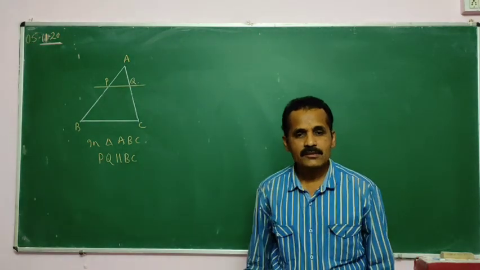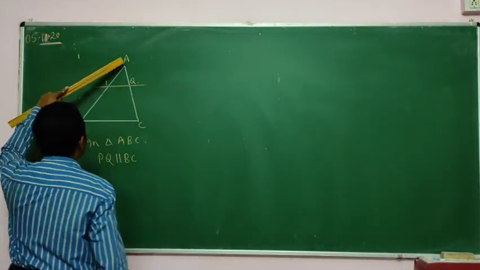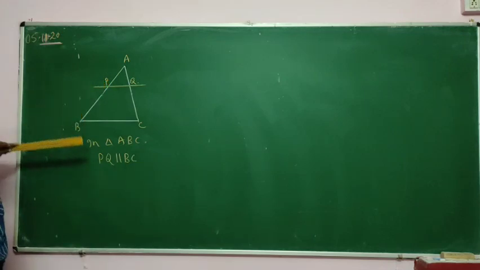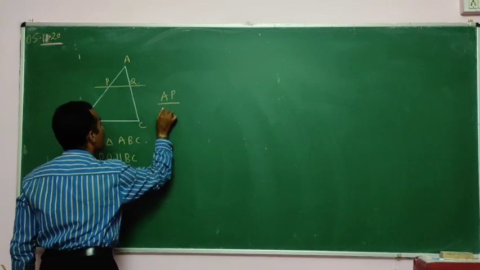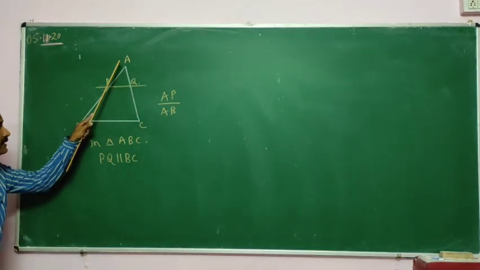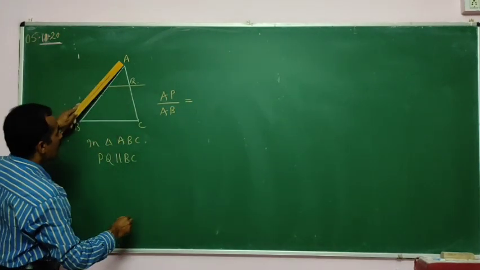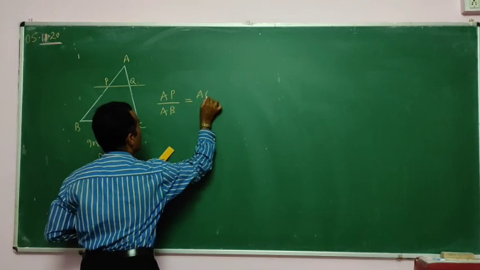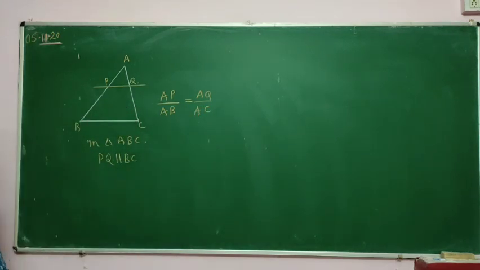But can I write, instead of AP by PB, AP divided by AB? Then AP divided by AB is equal to AQ divided by AC. Can I write this? Yes, definitely you can write.